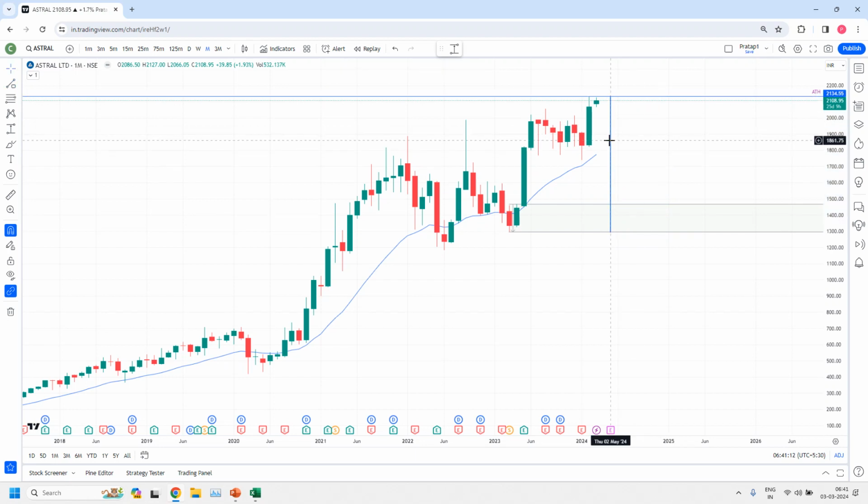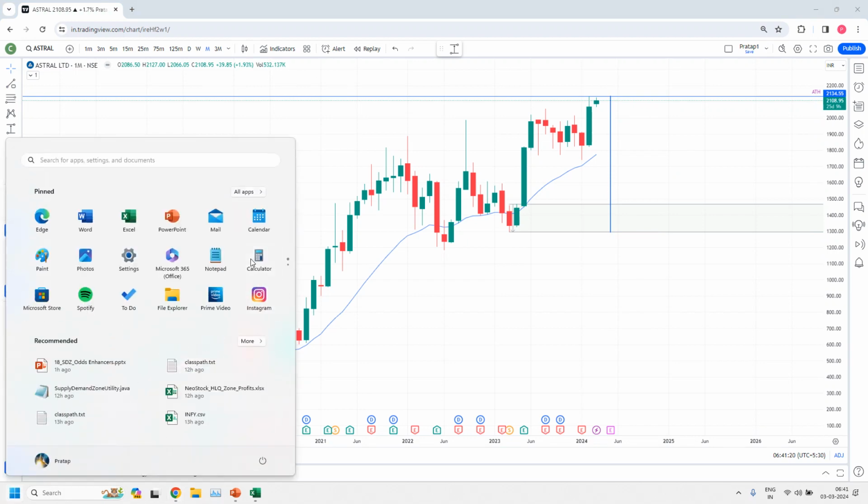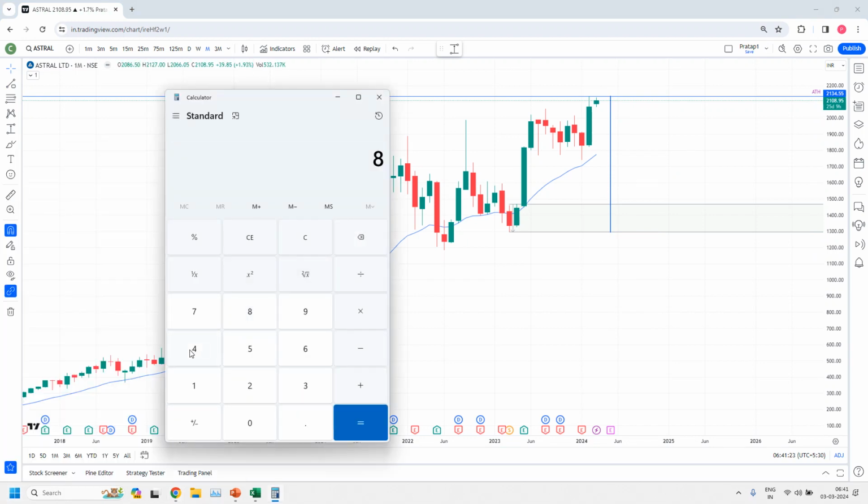What is the value? This is approximately 840. Let us divide 840 by 2, and you get 420. So for your distal line, what is the value of this?